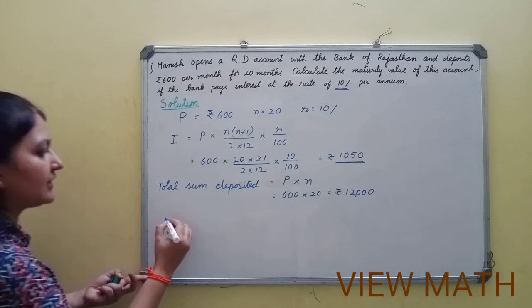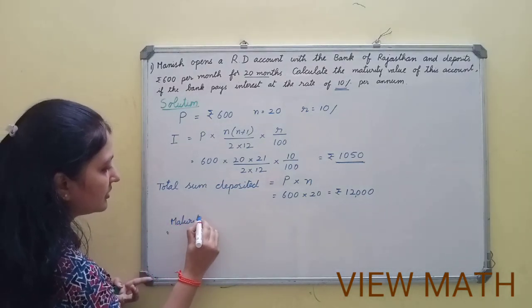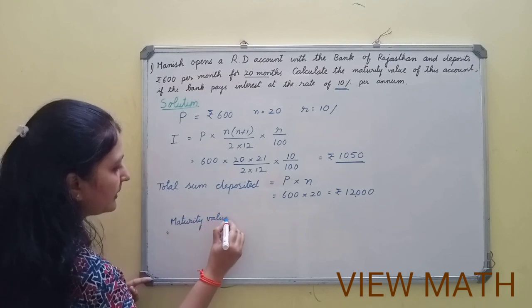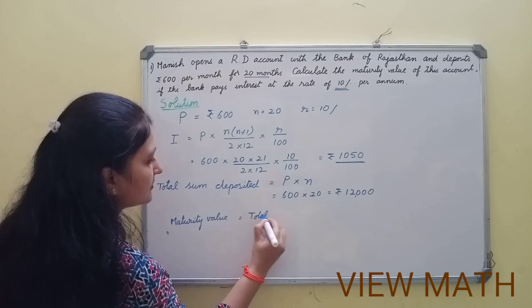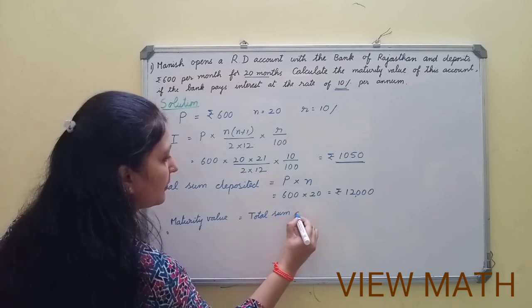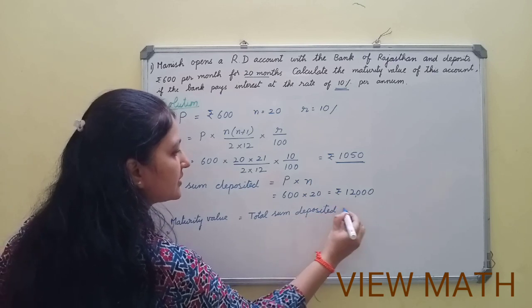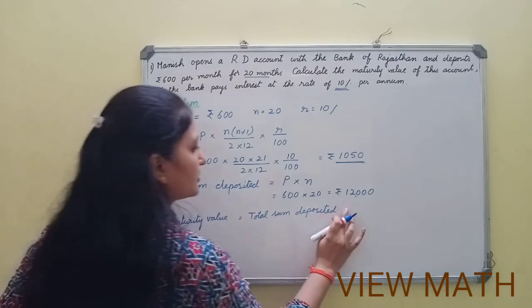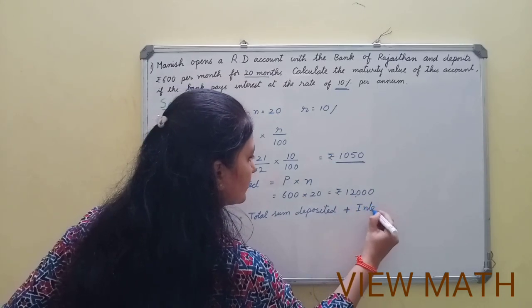Now we have to find out the maturity value. Maturity value is equal to total sum deposited plus interest.